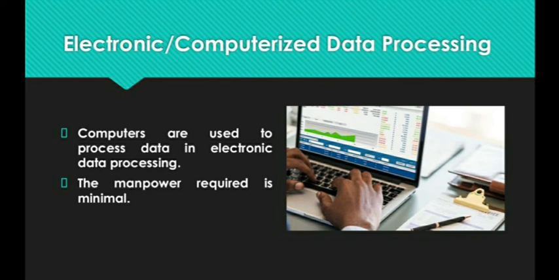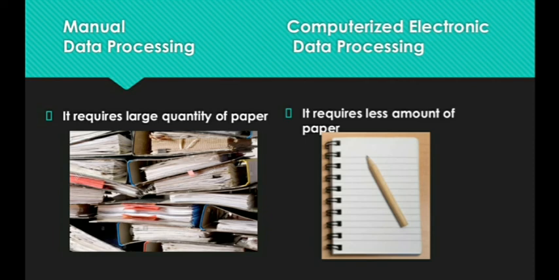Let us look at the differences between manual and electronic data processing. The first point says that manual processing requires a large quantity of paper, and in computers everything will be done in soft copy, right? So the amount of paper usage is less.